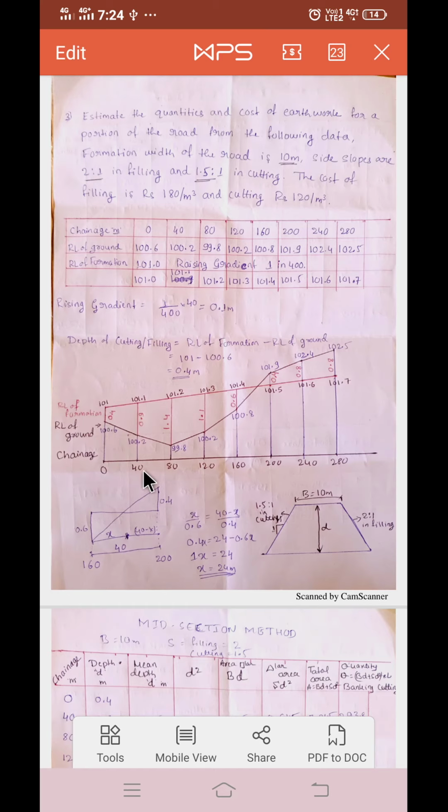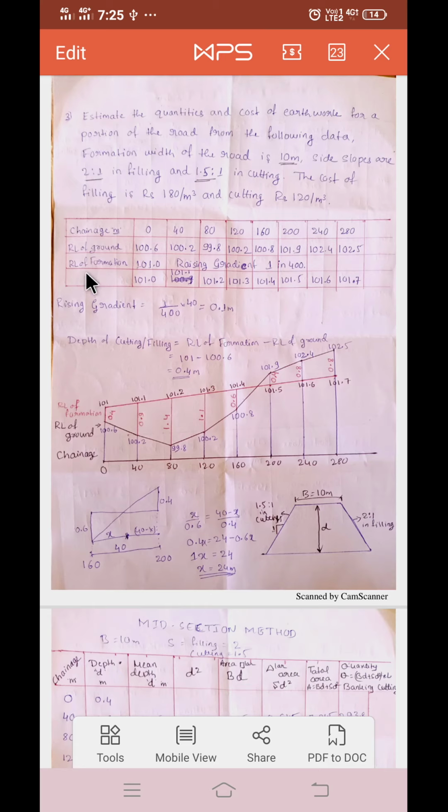Okay, at 40 it is again 100.2, a little lesser than this. Again for 80 it is 99.8, lesser than this. Again for 120 it is 100.2, for 160 it is 100.8, at 200 it is 101.9, next 102.4, 102.5.